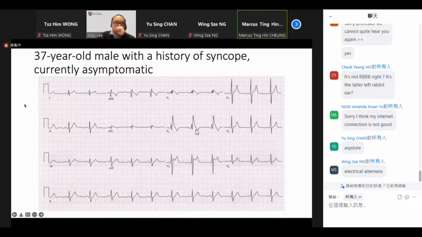So just beginning, this patient has a regular heart rate at about 75 beats per minute. There's no axis deviation.